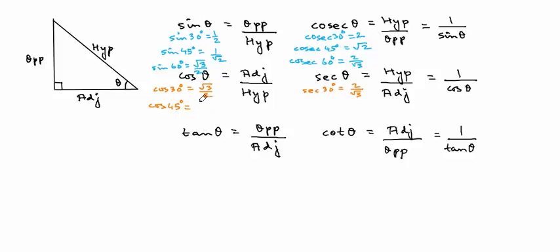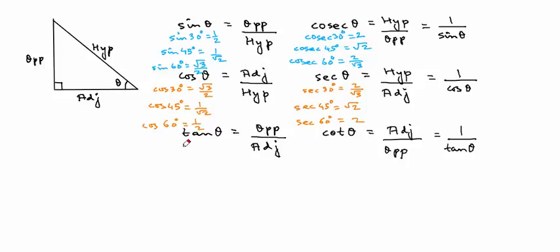So this is 1 over square root of 2. So secant of 45 degrees is going to be this one flipped over, which is square root of 2. And because cosine 60 degrees is equal to 1/2, you have secant of 60 degrees equal to 2 over 1, which is 2.